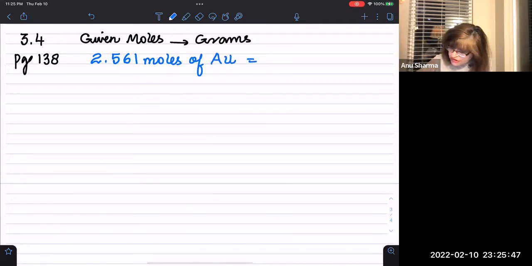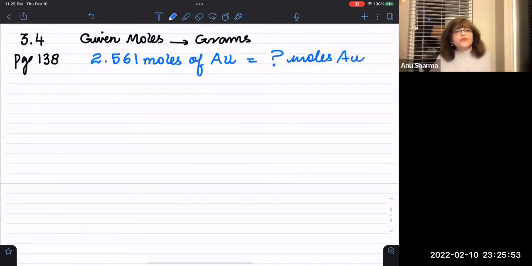Okay, and the question is, how many grams of gold is this? So 2.561 moles.